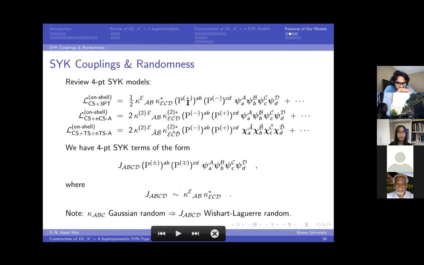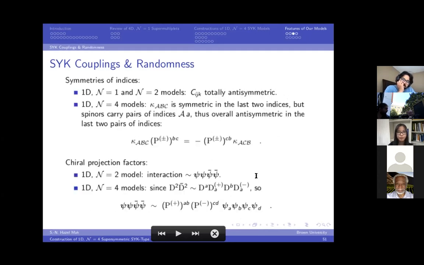Here I just put all the 4 points SYK models, and if you observe, all of them will take this form, with this coupling J, and this J is Wishart-Laguerre random, as I just described. And also it will have some kind of projection factors flowing around with 4 fermions.